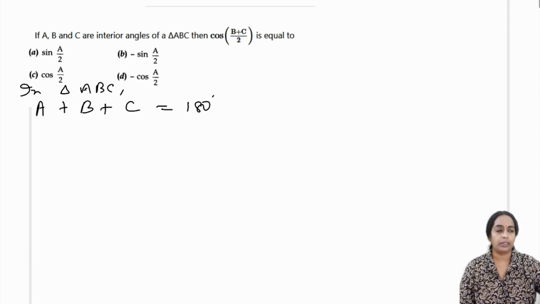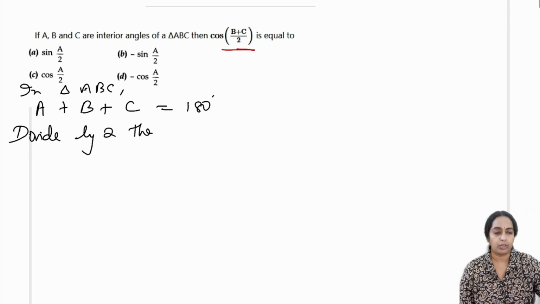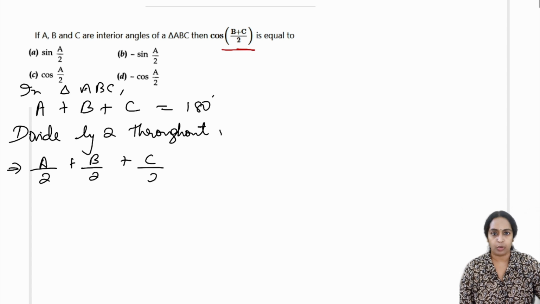Now the question has (B plus C) by 2, so this divided by 2 is happening. So divide by 2 throughout. When you divide the equation by 2 throughout, you get A by 2 plus B by 2 plus C by 2 equals 180 by 2, which is 90 degrees.